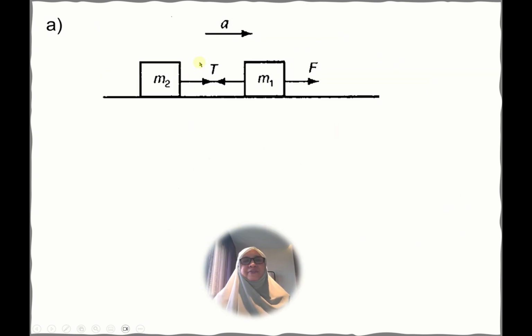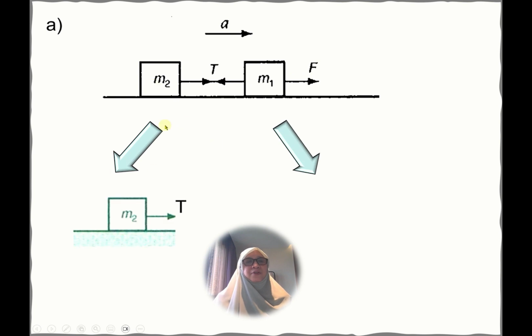Okay, for the first diagram, given the acceleration A in this direction, and the tension in the string is T, so this is an action-reaction force, and there is a force here pulling M1 and M2. We divide into 2 free body diagrams.